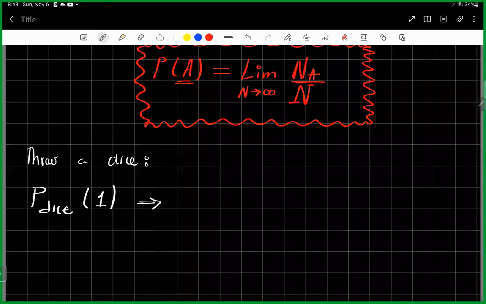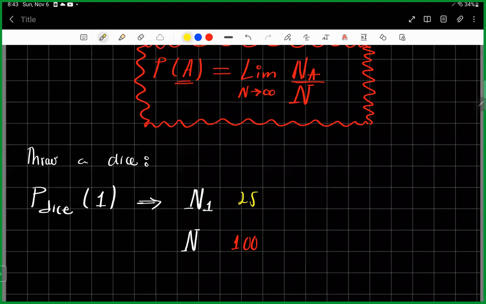This is the number of times I get a one, and this is the number of trials. Let's say that in 100 trials, I get 25 times a one.